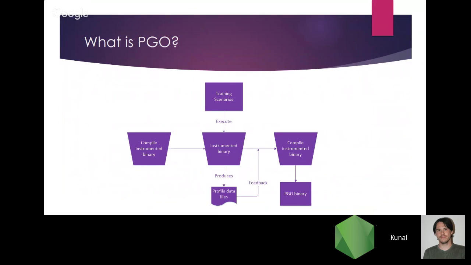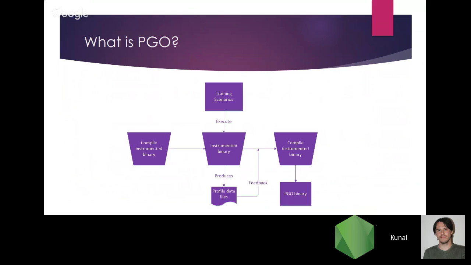So let's start. Basically, what is PGO? PGO stands for Profile Guided Optimization, where you first compile an instrumented binary, and what that means is the compiler will add patches to the flow graphs of the source code.